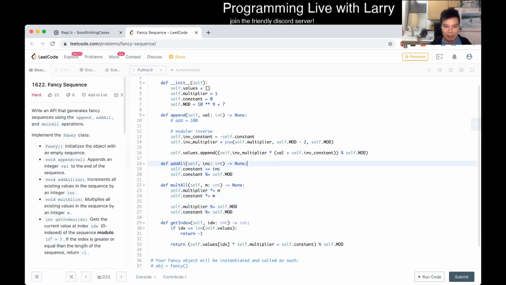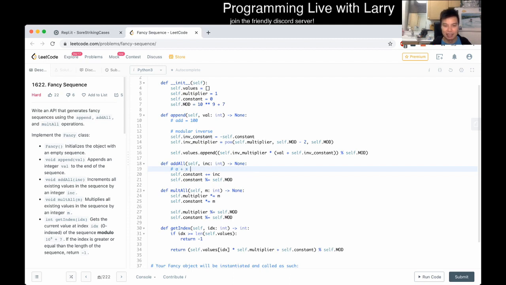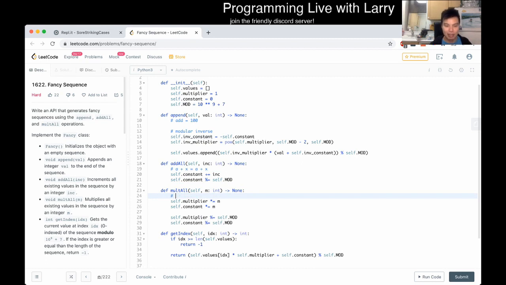If you have a number a and you add x, then it's just equal to a plus x, right? This is straightforward. Let's say you have ma plus x, and we want to multiply this number by m, then you get m times ma plus mx, right?